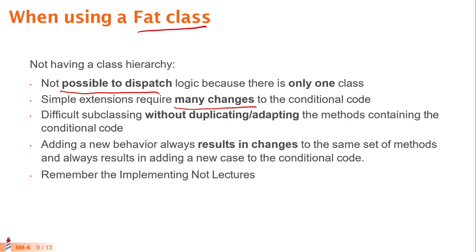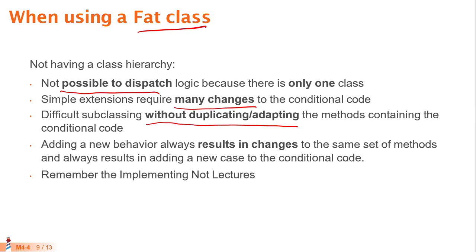And also, if we want to subclass these really big classes with really complex code, we are going to see that we will be duplicating and changing and adapting and doing mostly hacks to go over this problem. Every time, as I said before, every time that we add new behavior, we will have to change exactly the same methods and add more and more conditional code, making it more complex.